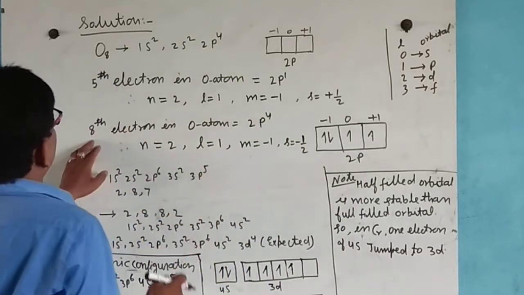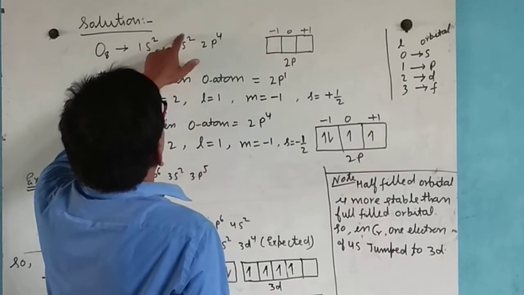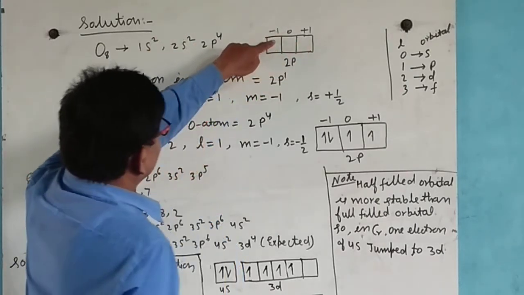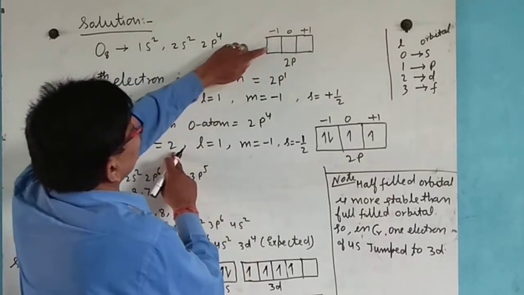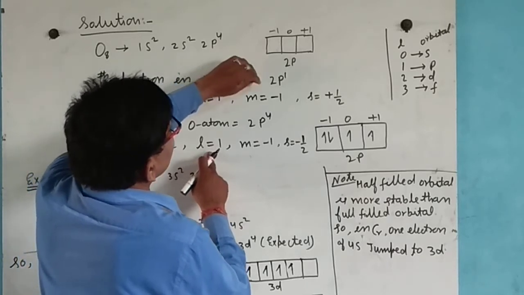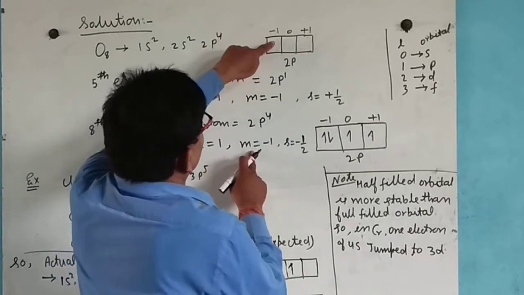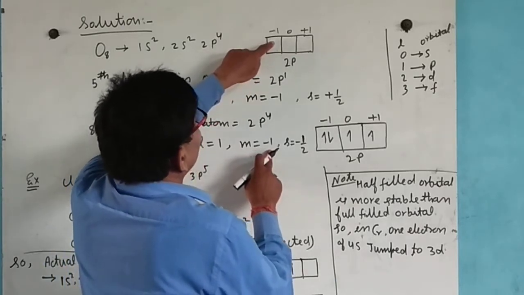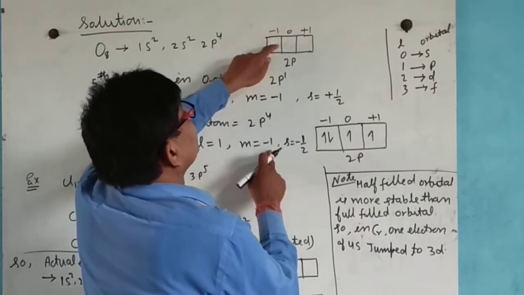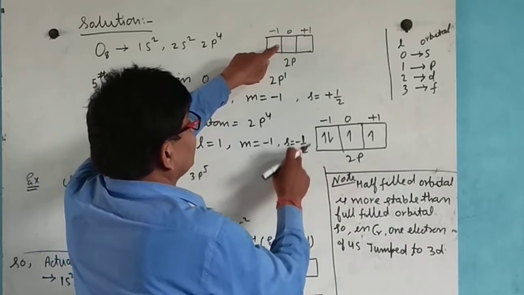After that, the 8th electron in the oxygen atom, in 2p4, comes here, so n is equal to 2 and l is equal to 1, and m is -1, and here the double electron with a negative sign means anti-clockwise spin, that is -1/2.